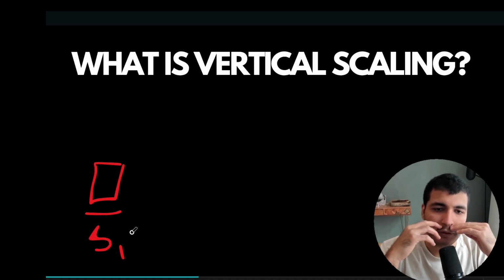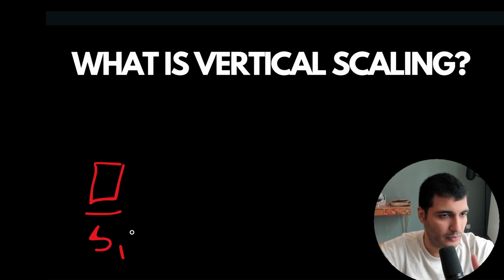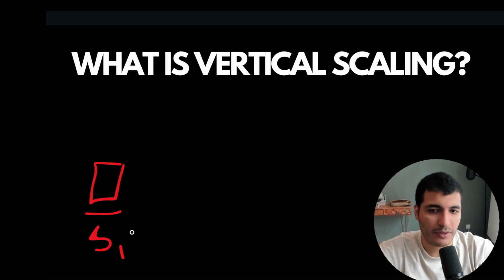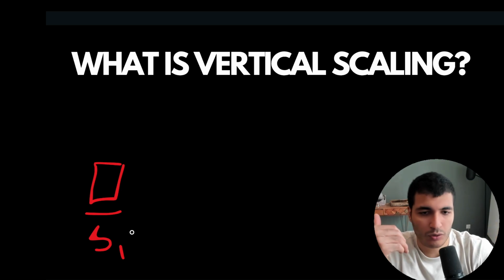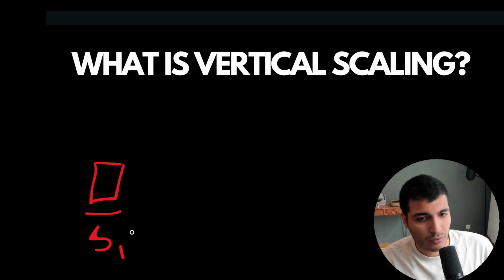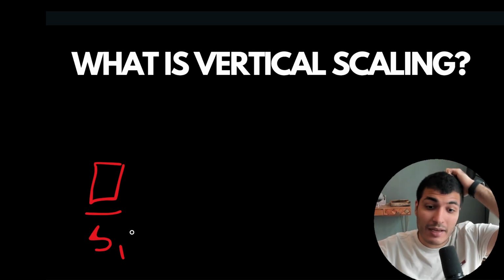So think of it like upgrading your personal computer. When it gets slow, you add more RAM or a faster processor. In the database world, this means beefing up your existing server with more powerful resources or a more powerful machine. This could involve upgrading the CPU to one with more cores and higher clock speeds, and maybe adding more RAM to handle larger datasets in memory for faster access, or increasing disk storage for growing data volumes, or improving network bandwidth for quicker data transfer.